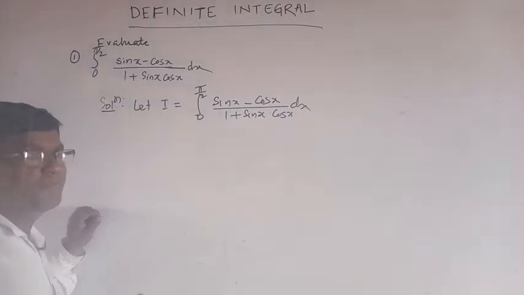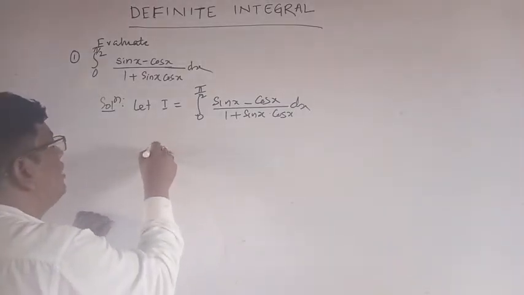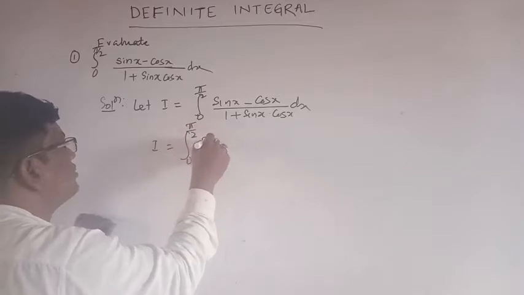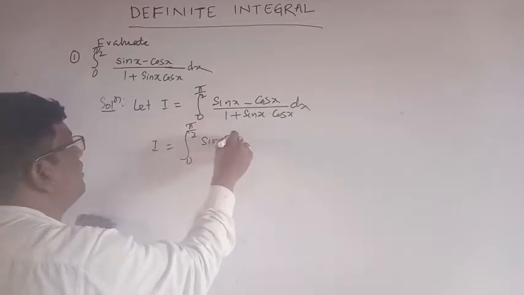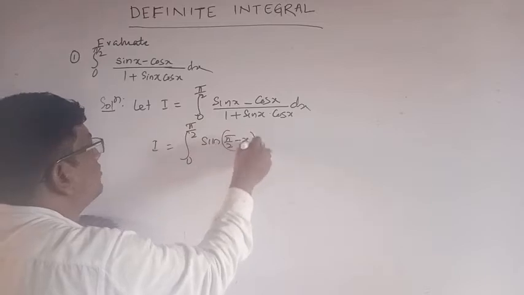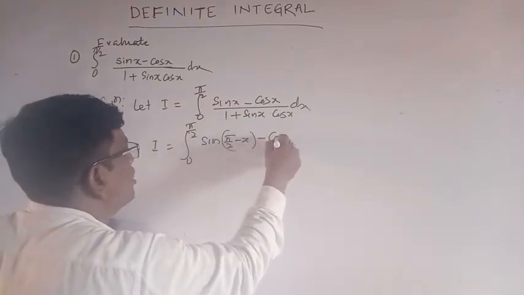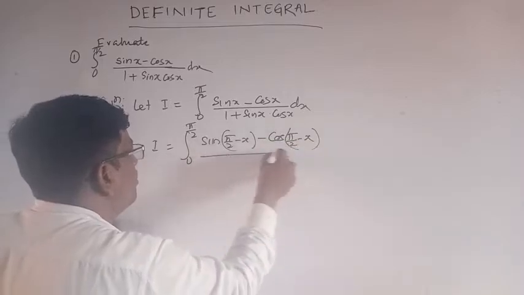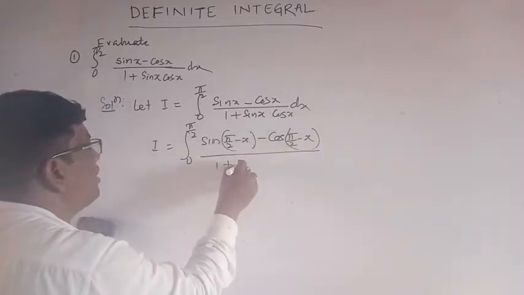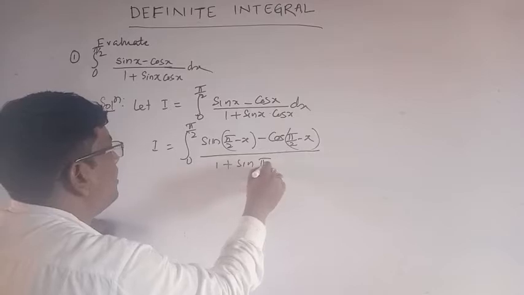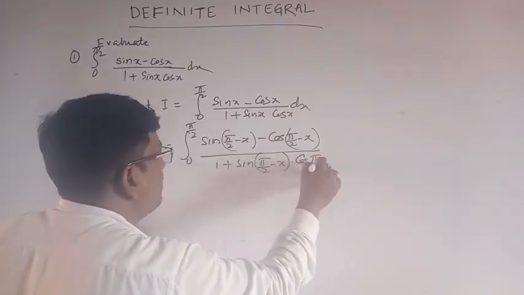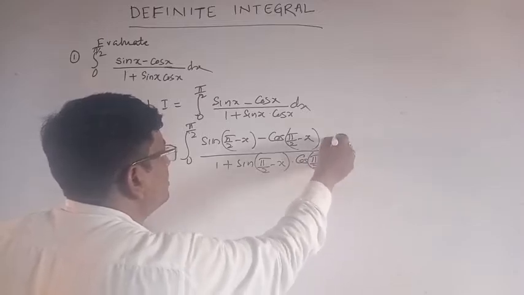Apply property number 5, that is, I is equal to the integral from 0 to pi by 2 of (sin(pi by 2 minus x) minus cos(pi by 2 minus x)) whole divided by (1 plus sin(pi by 2 minus x) cos(pi by 2 minus x)) dx.